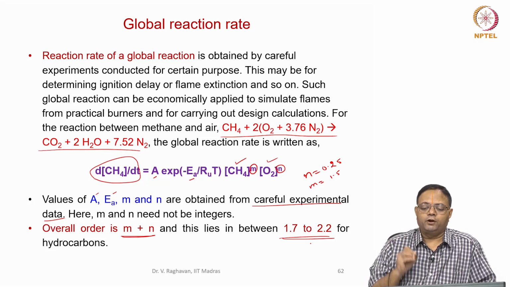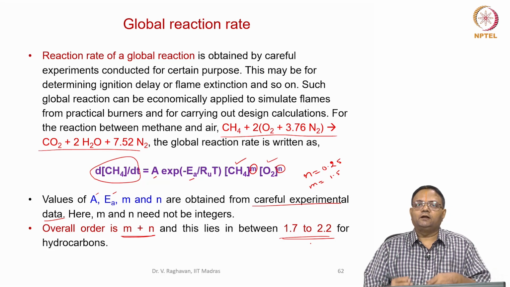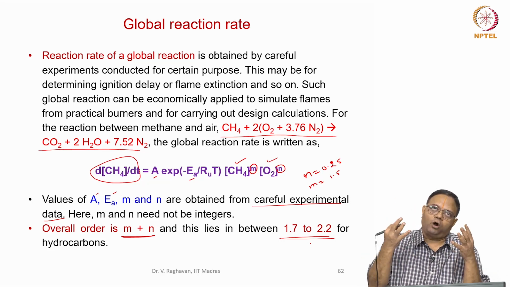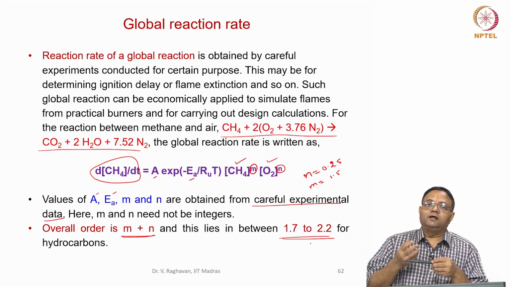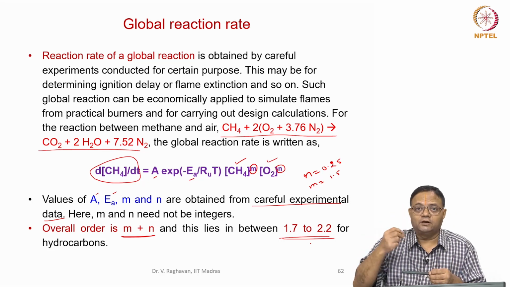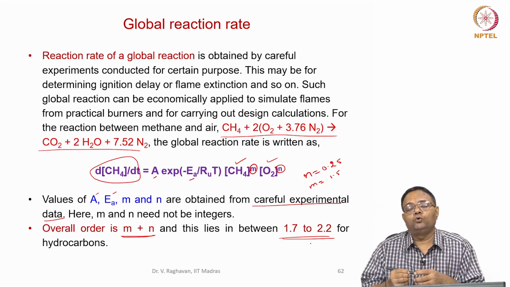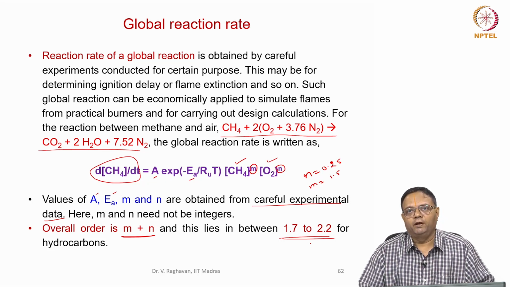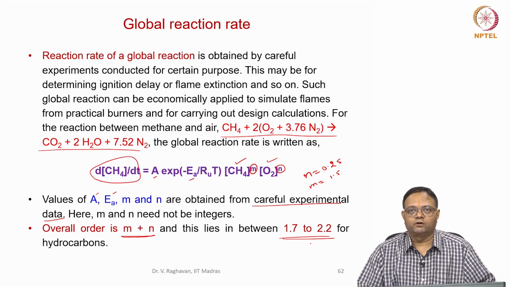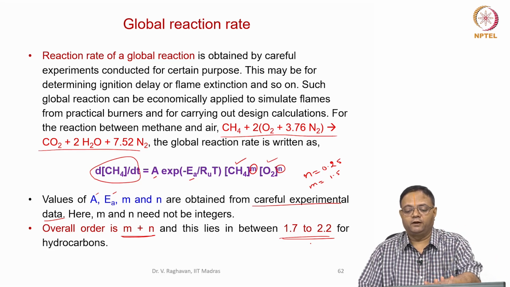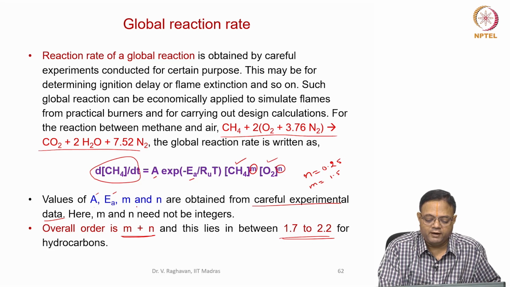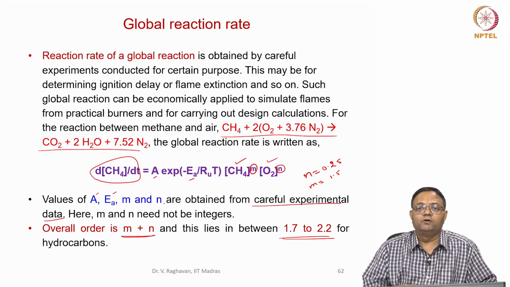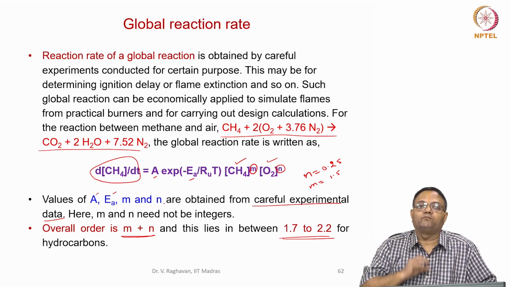But one point to understand here is, if you get a mechanism with a lot of elementary reactions, then that reaction mechanism can be used to analyze a premixed flame or a non-premixed flame or any type of flame. But if you take the global reaction rate and find the values of A, EA, M and so on, this will work only for the particular experiment you have done.